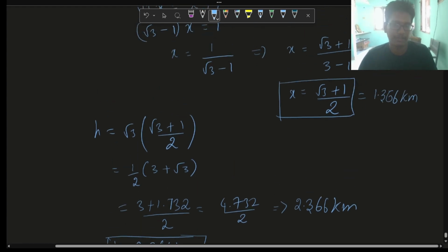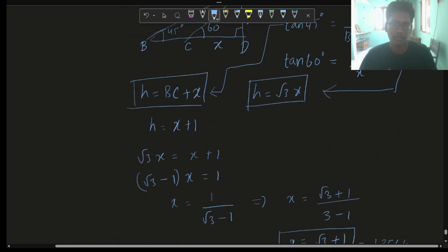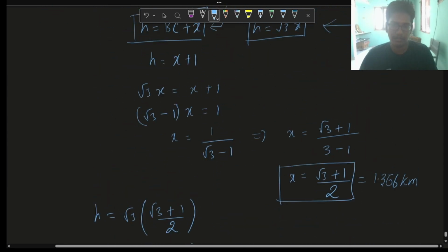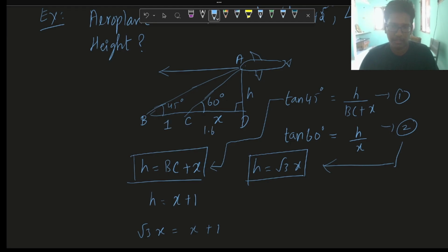Height would be 2.366 kilometer, and the total distance BC, this is 1 kilometer, and this would be 1.366 kilometer. Sorry, this is 2.366. Yeah.